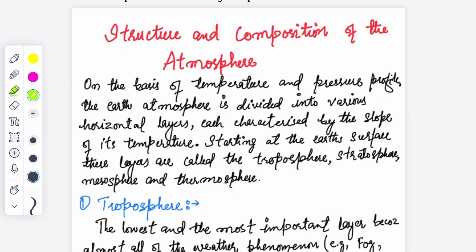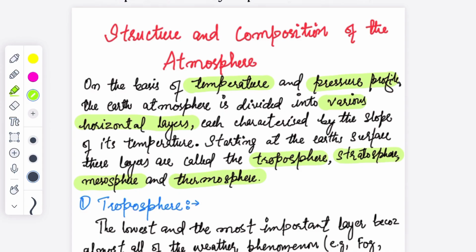So on the basis of the temperature and pressure profile, the Earth's atmosphere is divided into various horizontal layers. Each layer has its characteristics and is characterized by the slope of its temperature. Starting at the Earth's surface, these layers are called troposphere, stratosphere, mesosphere, and the thermosphere.